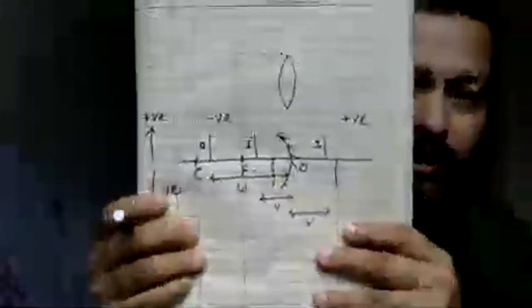Now, next line, you write image height. In bracket you write capital I, image height, equal to positive. When image height is positive, see, this is the image.